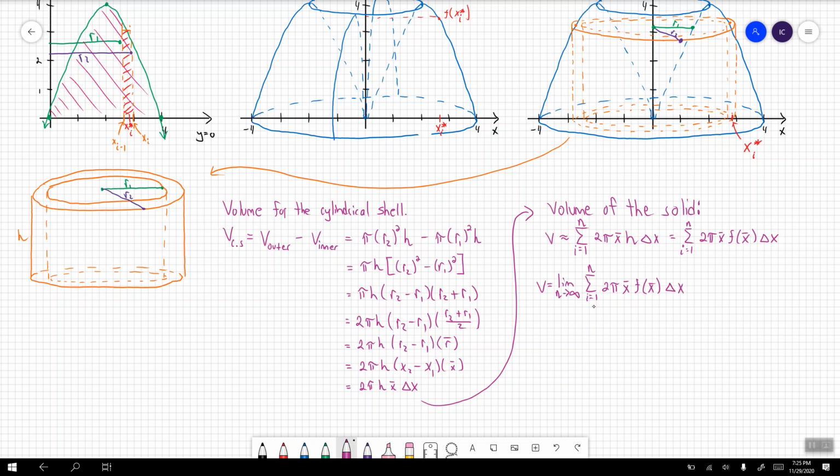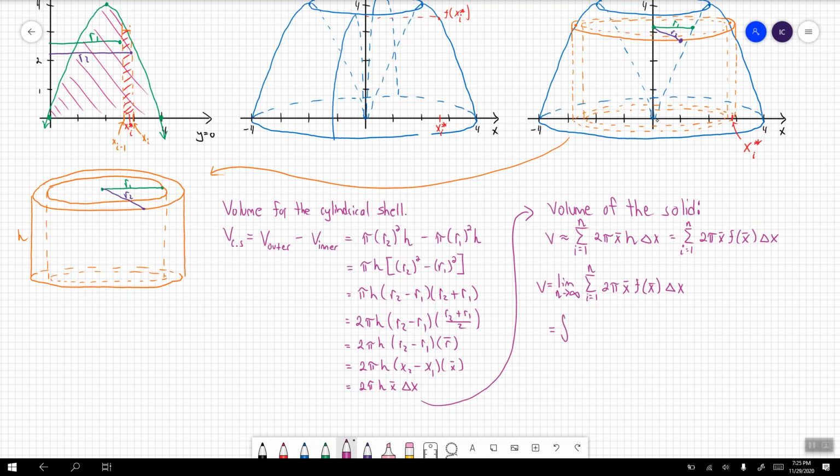But this is the Riemann sum that we're looking at, and it's a Riemann sum where we've partitioned or subdivided the interval from 0 to 4 that includes this function, which means that we can then represent this as a definite integral.